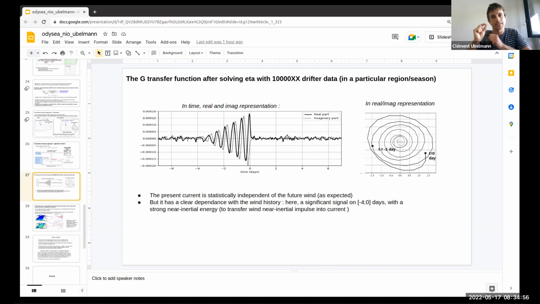There are some very local effects, like when you have a front, you have strain, and then the inertial signal can be totally out of phase. In this kind of condition, even the resolution of Odysea wouldn't be able to capture the local-in-space-and-time transfer function. But otherwise, maybe there are some big patterns that we could control over time that would be related to big eddies.